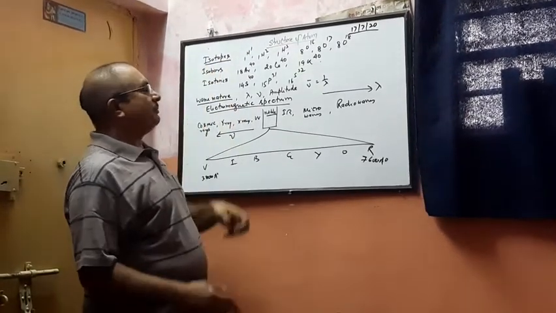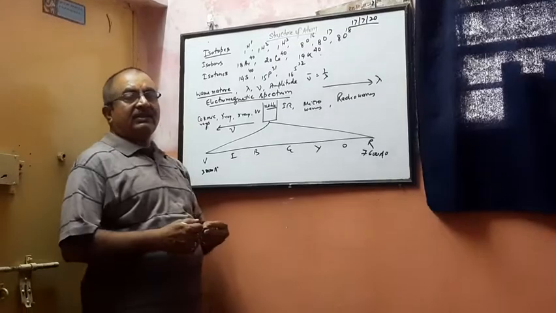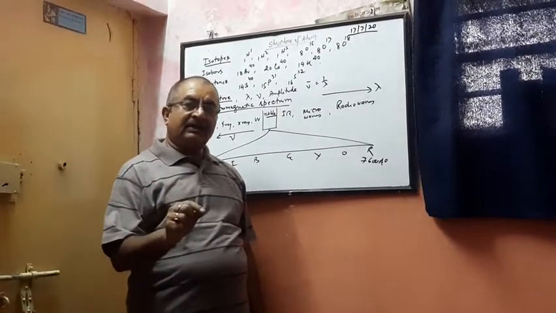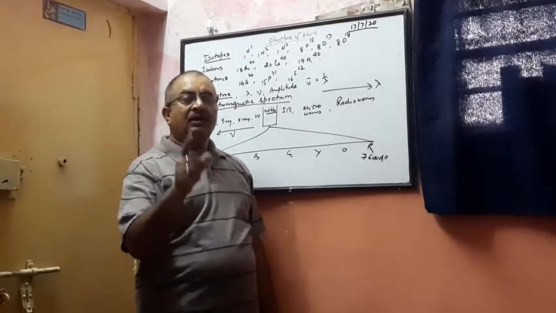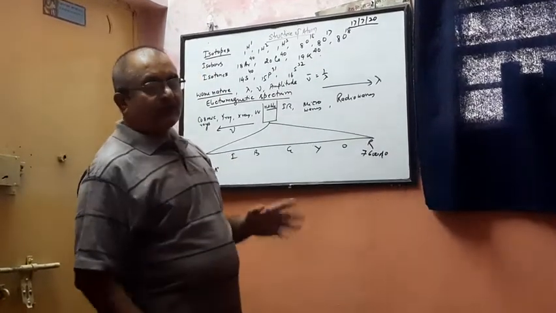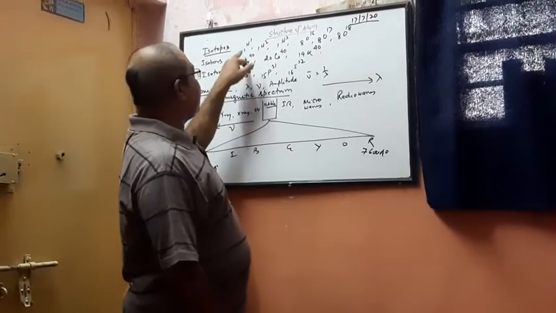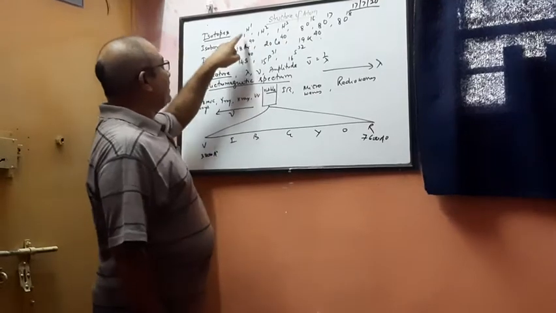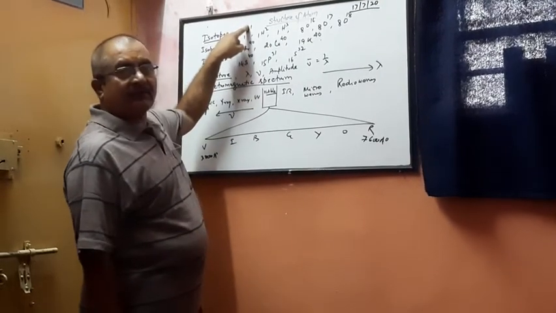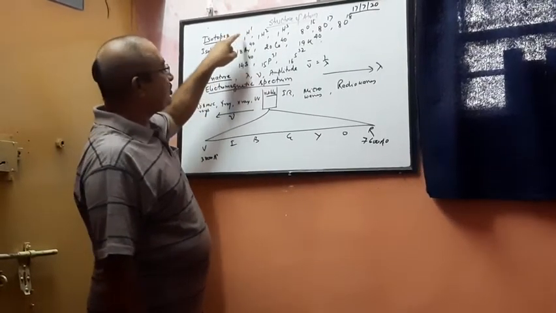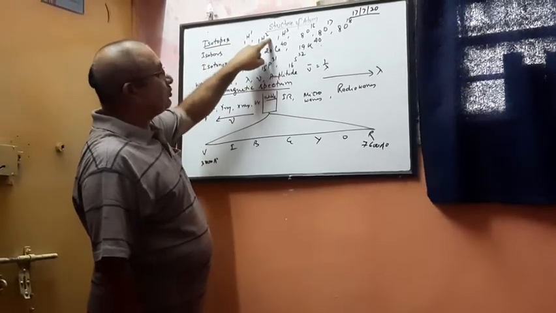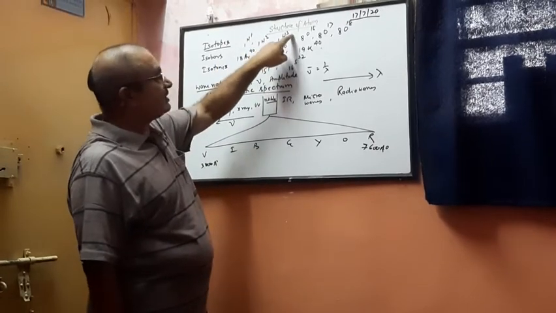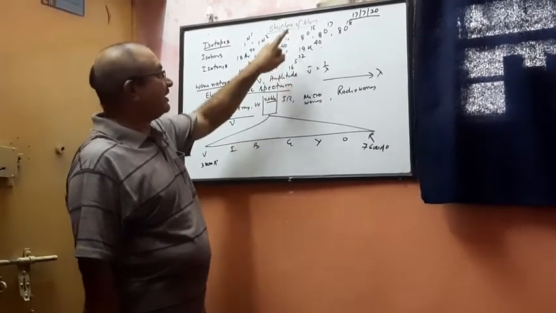First, what is an isotope? Isotopes are the species which have the same atomic number but different mass number. Is it clear to you all? In this case, you see 1H1, the isotope of hydrogen which is called protium, 1H2, the isotope of hydrogen called deuterium, and 1H3, the isotope of hydrogen called tritium.